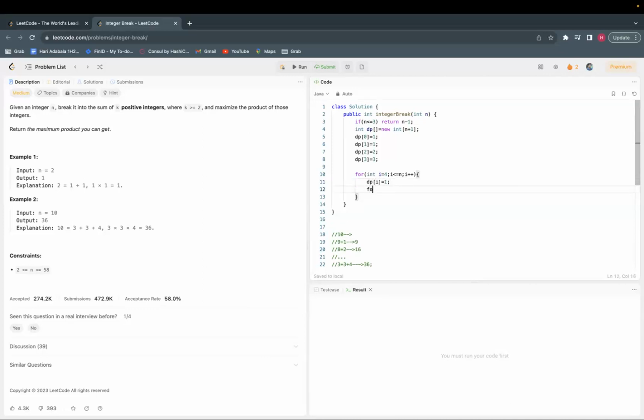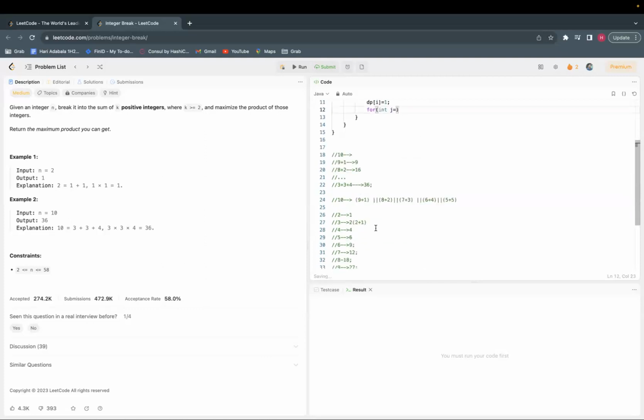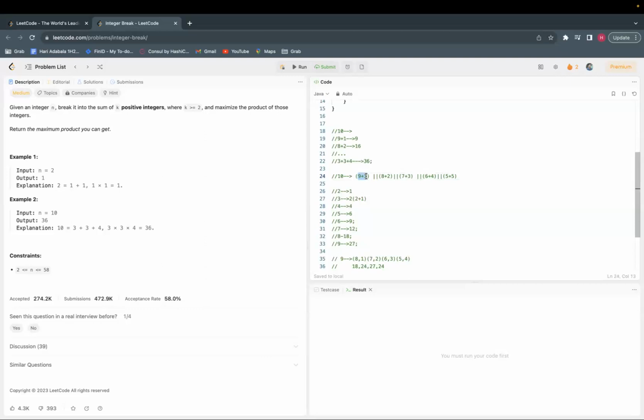Now for int j, we are iterating backward and seeing what is the maximum value.